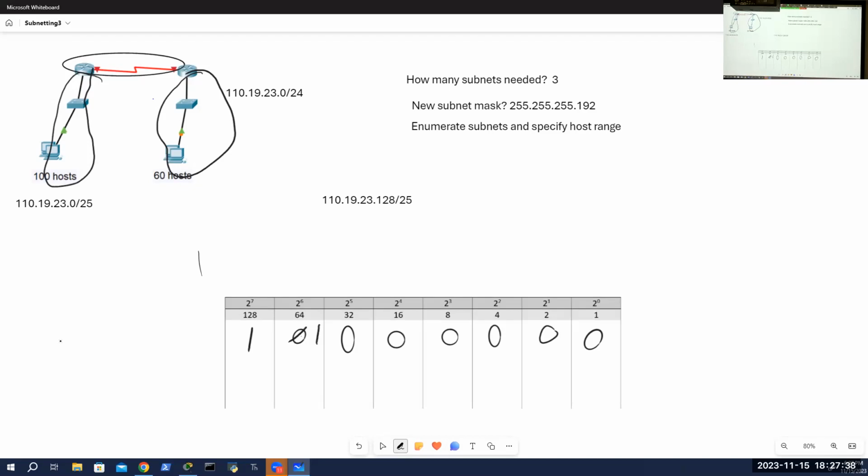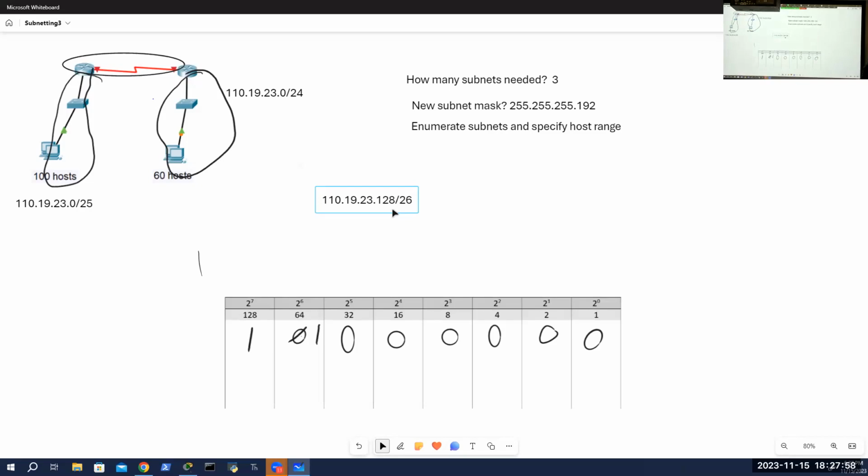So we now just say, all right, 1, 1. And what does that make this? /26. So when you do a /26, we know that there's gonna be 2 networks. And what are we counting by? 64. We're counting by 64.